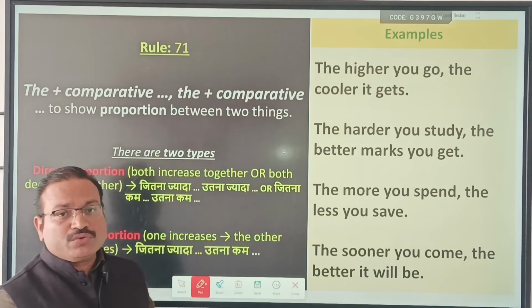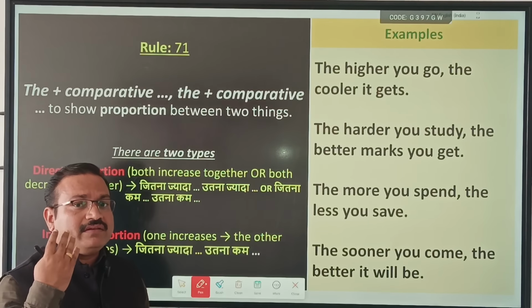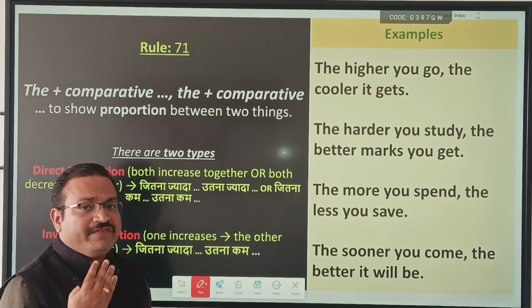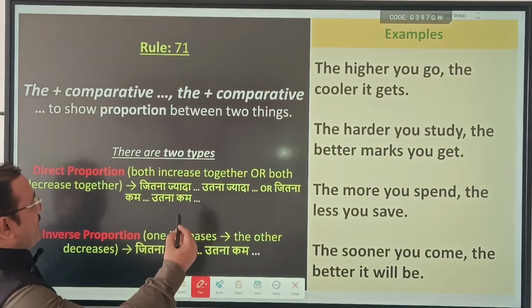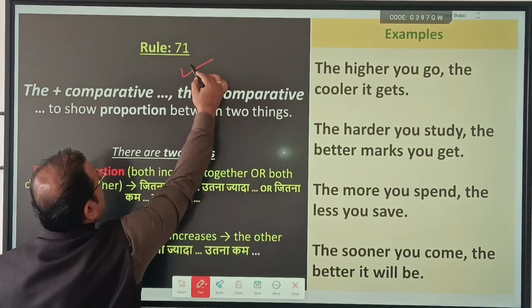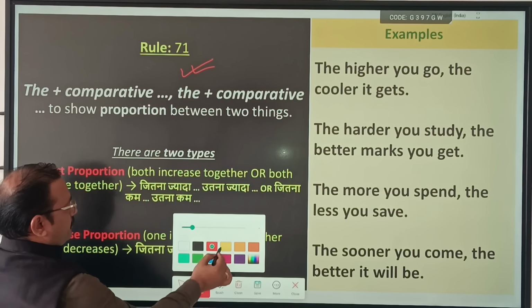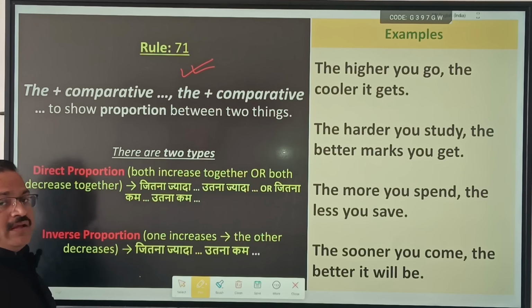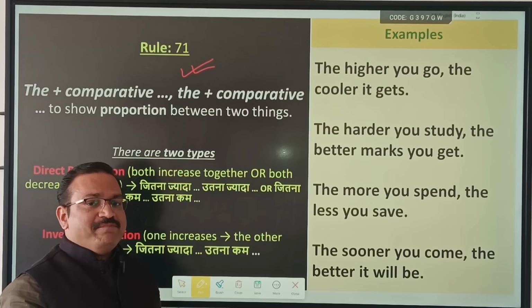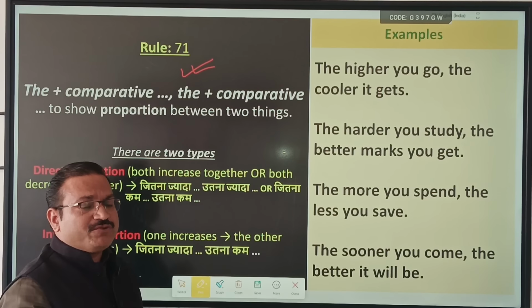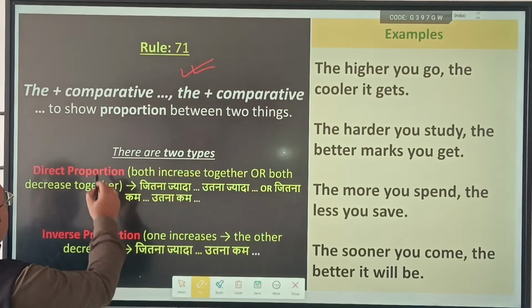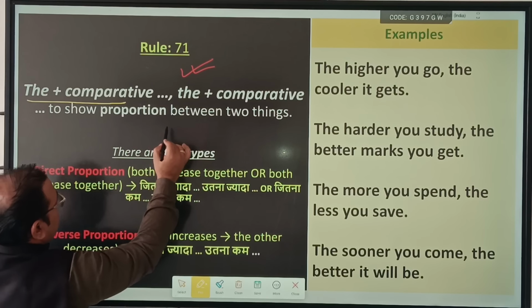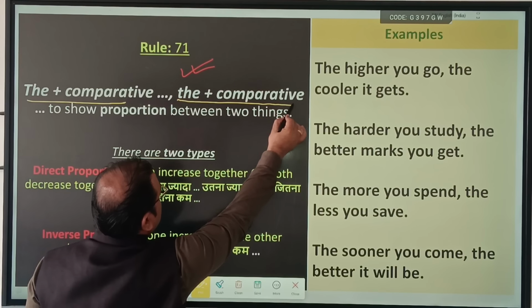In continuation to the rules that we have discussed in the last 5 classes, this is rule number 71. Rule number 71 is very important. Just please pay attention. The comparative is followed by the comparative.